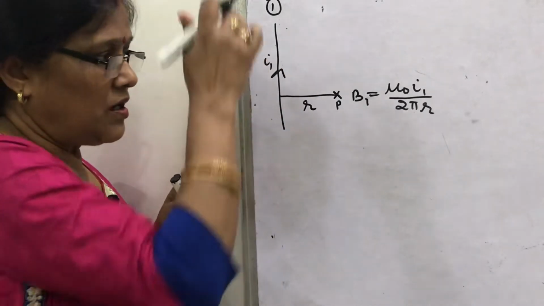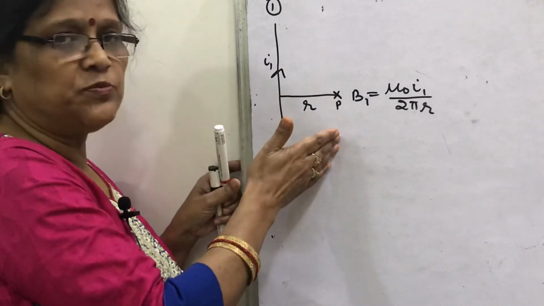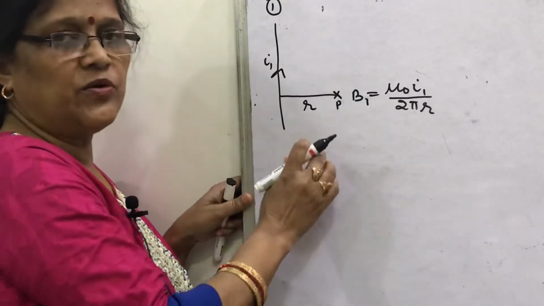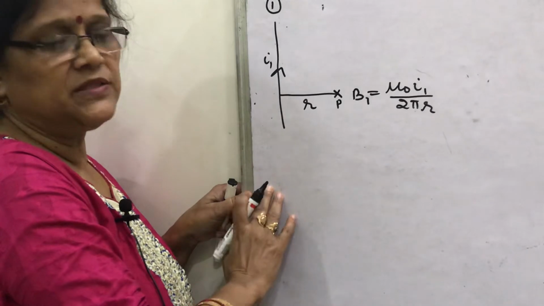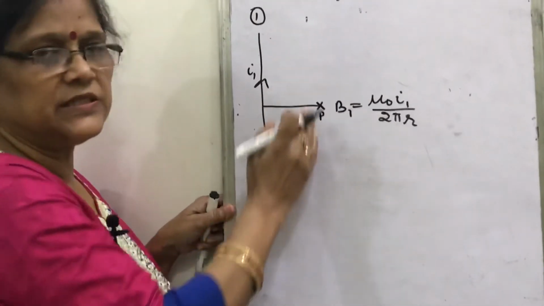Now at this point P, passing through this point P, another wire having current I2 is placed parallel to the first. First you draw one wire, then find the magnetic field, now you put the second wire.